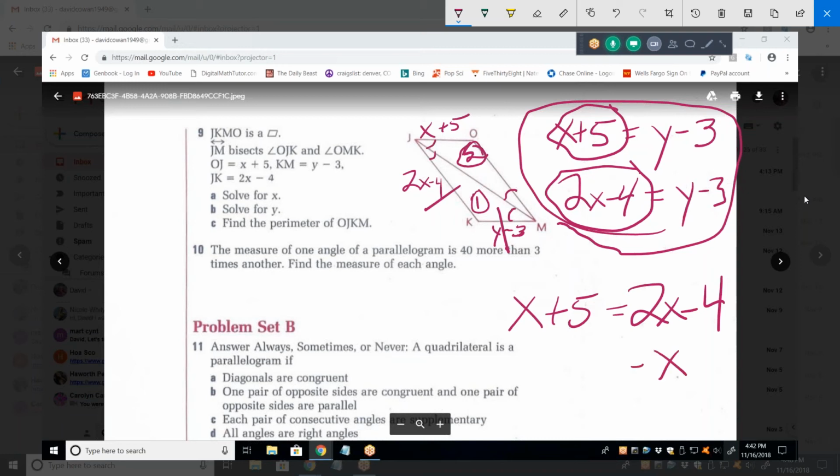Make that x equal 9. So we solve for x. It's going to be relatively easy to solve for y using any of those equations. And then finding the perimeter will be a piece of cake also, because this side over here is also 2x minus 4.